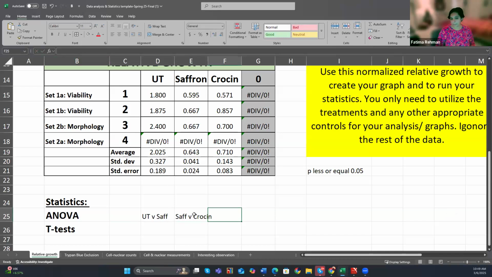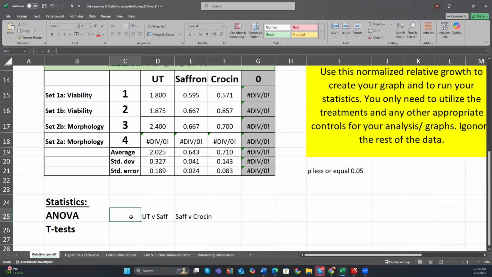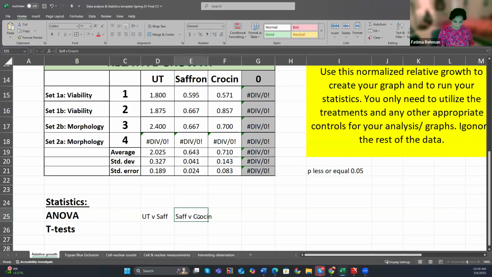Is there any other one? Untreated versus crocin as well, right? So you want to look at each drug independently compared to untreated and see if it is different. And then you want to look at saffron versus crocin together and look for that significance.